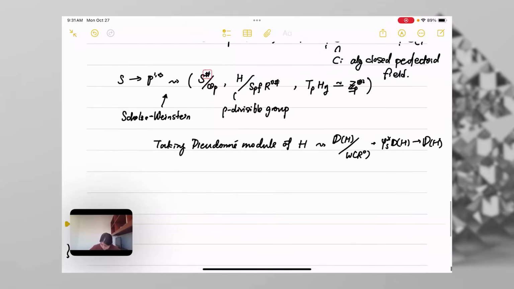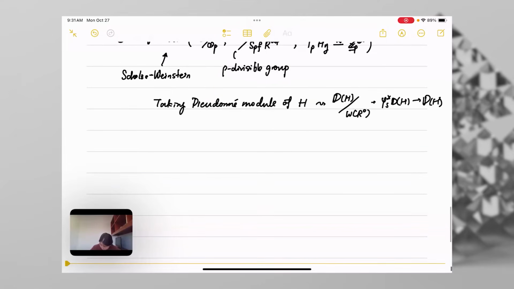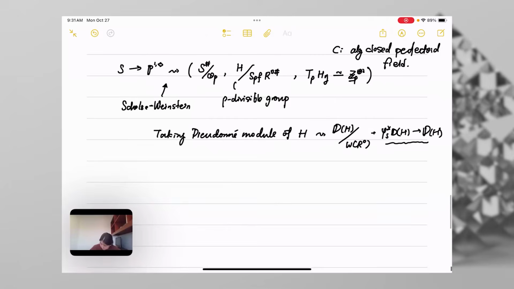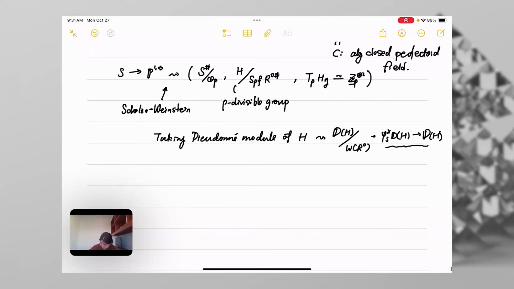This endomorphism becomes an isomorphism if you invert some divisor. So if you restrict this Dieudonné module to a space that covers the relative Fargues-Fontaine curve and that does not intersect with this divisor, then this endomorphism becomes an actual descent datum that gives you a vector bundle on the Fargues-Fontaine curve, which we'll denote by E of H.